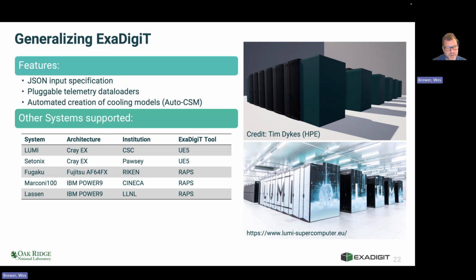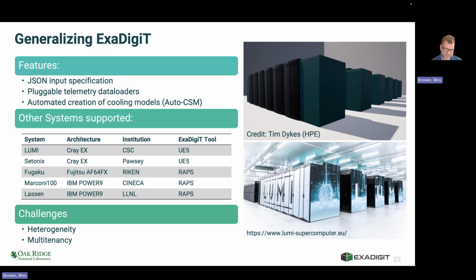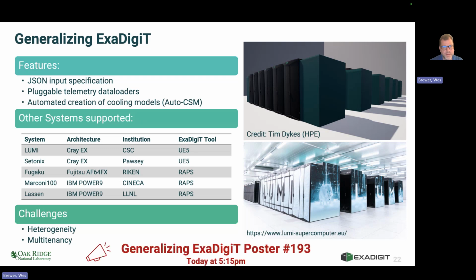Some of these, like Marconi 100 and Lassen, have published open telemetry data sets, which are going to be really useful for providing an open digital twin framework for other people to use and perform studies on energy efficiency. We're still having challenges with heterogeneous systems and multi-tenancy or shared node configurations, which we hope to address in the near future.